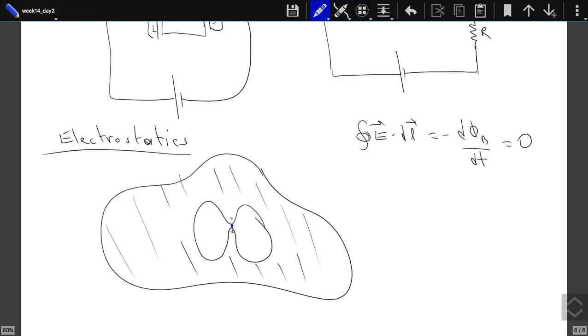Let me imagine such a closed loop. In this segment, the electric field is 0. In this blue segment, the electric field is non-zero. It's in the same direction as dl.